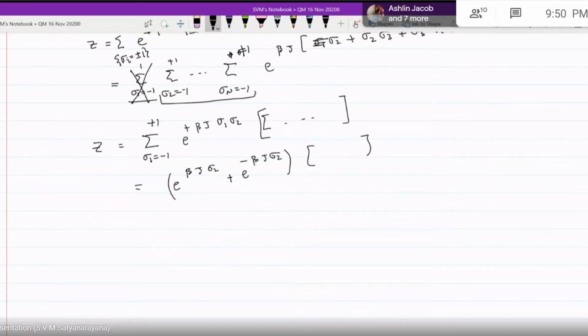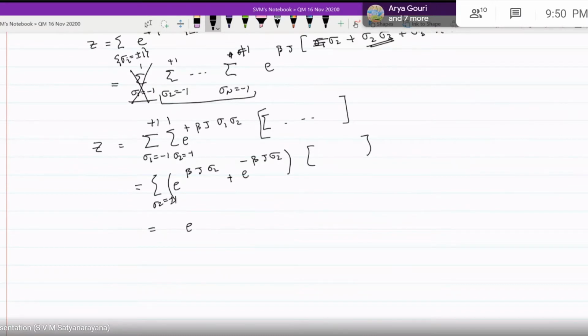Yes, sir, because I have introduced sigma 1 like this. Okay, so now of course I cannot take sigma 2 out, because sigma 2 also is minus 1 to plus 1. There is a sigma 2 sitting here. So suppose sigma 2 is equal to plus or minus 1.